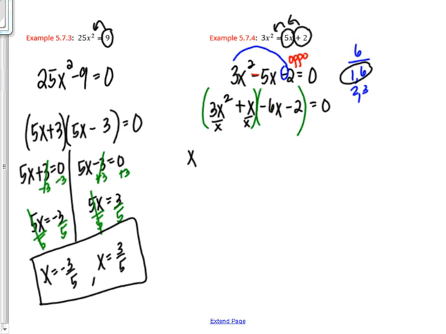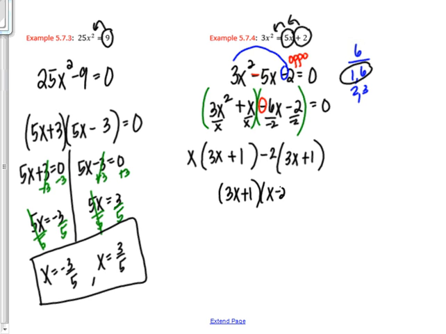So if I divide those both by x, I'm left with 3x plus 1. Alright, take out your negative. The only number that goes into 6 and 2 is 2. So if I take out a negative 2, I'm left with 3x plus 1. So we did it right. 3x plus 1 and x minus 2.